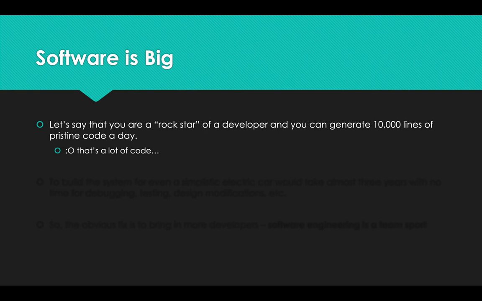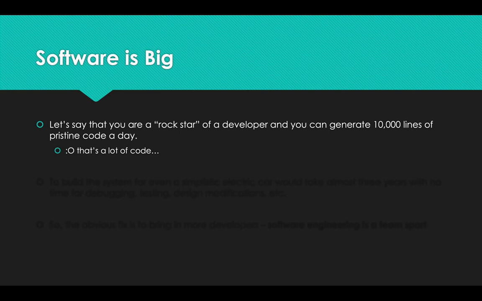So if we go through the thought experiment of you being the most incredible rock star developer in the modern history of software engineering, let's say that you could generate 10,000 lines of absolutely pristine code a day. It is unit tested, it is known to be fault-free, and it is just the greatest code ever, so that you don't have to spend any other time documenting it, troubleshooting or patching it.